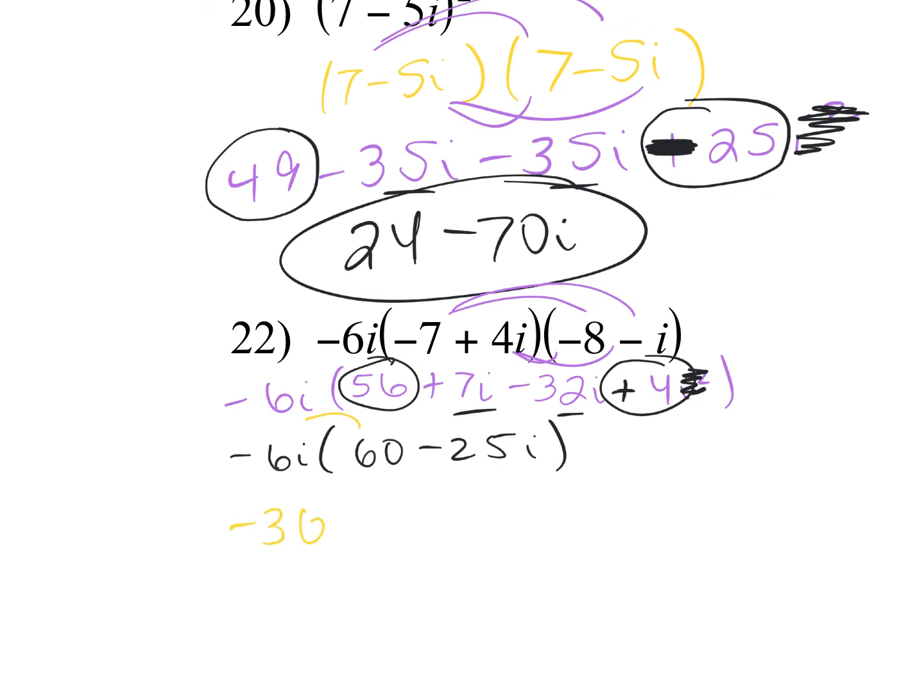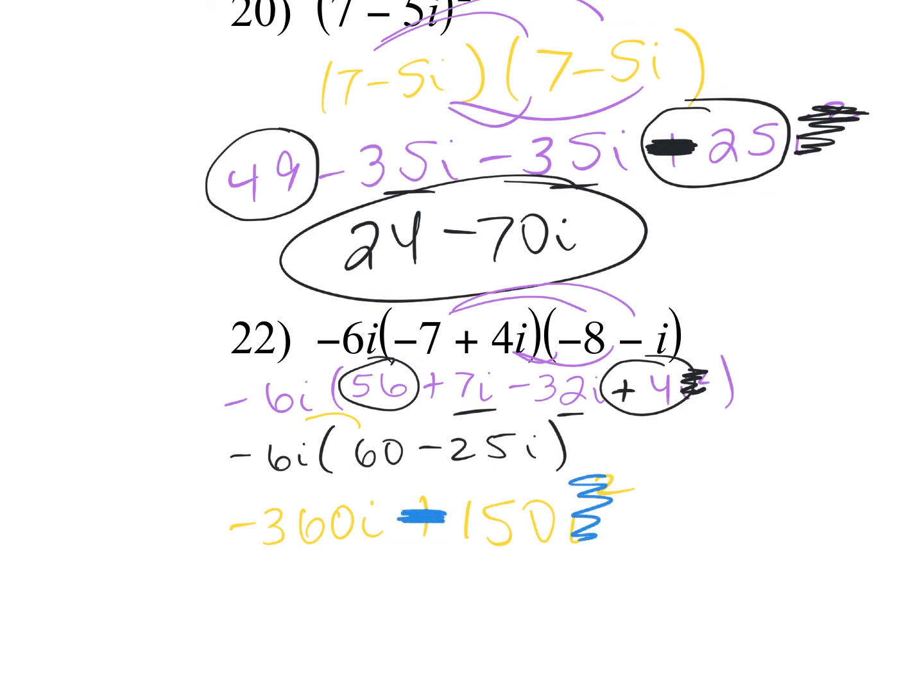Negative 360i, good. Negative times a negative is a positive, so I have plus. What's 6 times 25? Is it 150? And then I have i times i is i squared. When I square that, what happens?